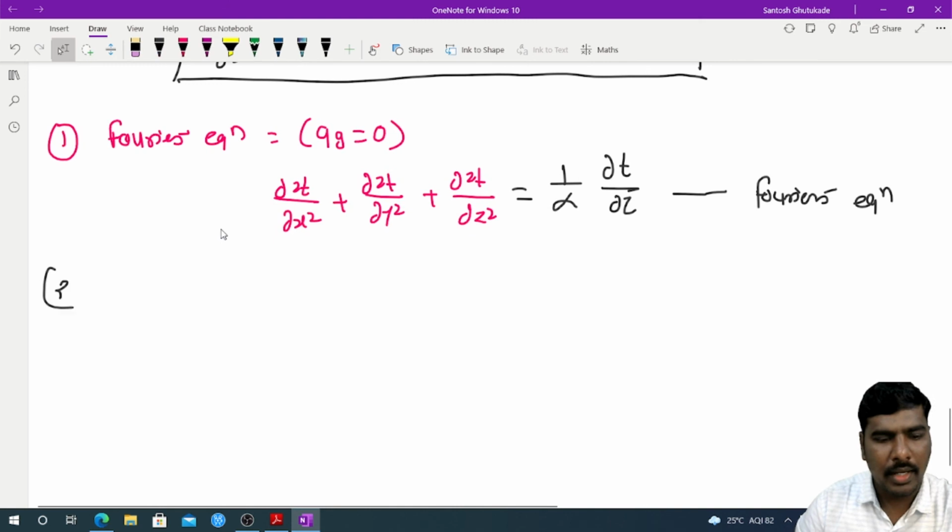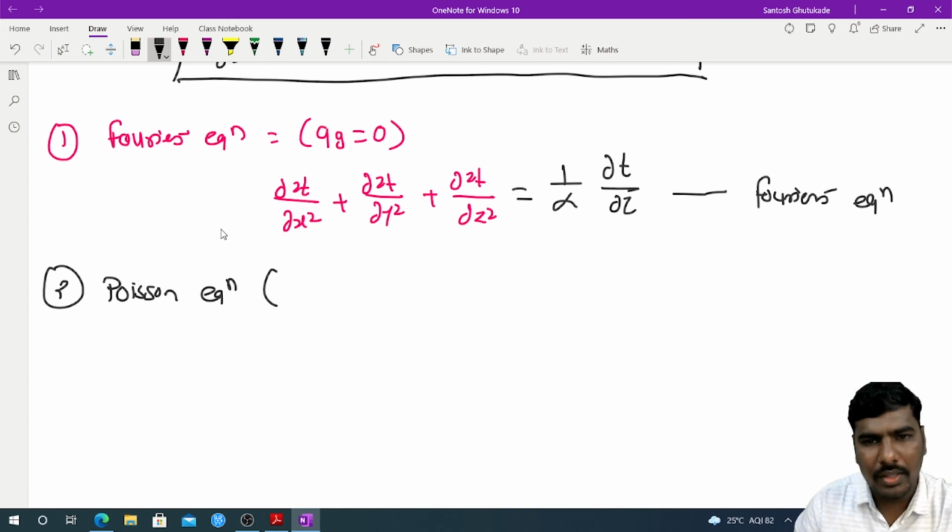Now the second equation is Poisson's equation. In Poisson's equation, we assume a steady state condition. Steady state means temperature does not depend upon time, so ∂T/∂tau is equal to 0.